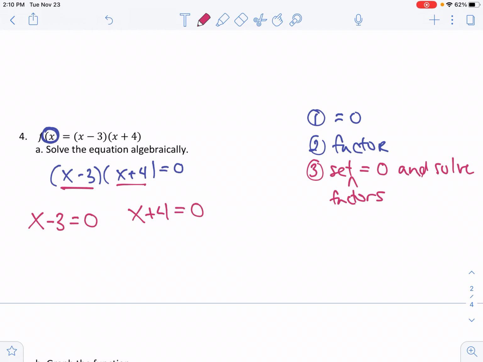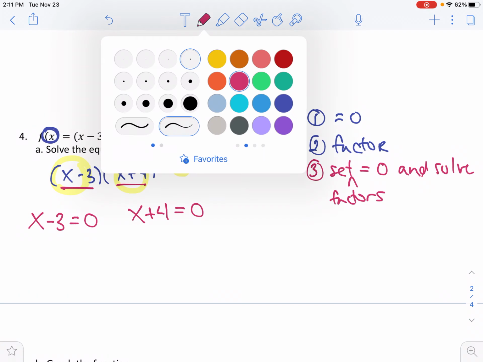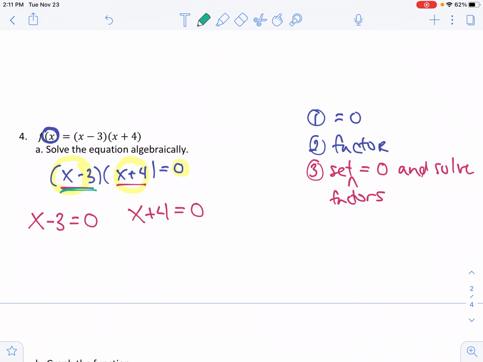And the reason that works is we have two things, this times this equal to 0. The only way to get two things multiplied together to equal 0 is if at least one of those things are 0. So we call that the zero product property rule. And it says that we could be assured that at least one of those things at some point is equal to 0. And so now we want to figure out which x makes them 0.